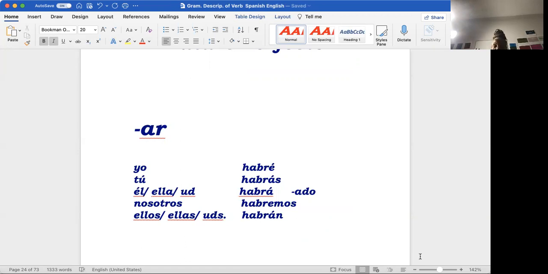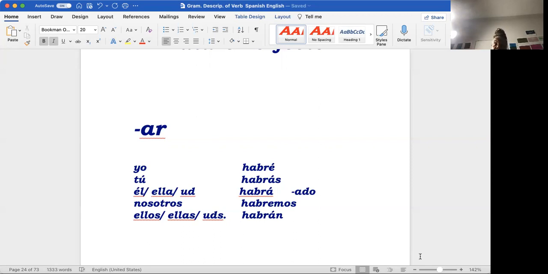So first we have to work with the simple form of the verb haber, conjugated in its yo form, its tú form, its él, ella, usted, nosotros, ellos, ellas, ustedes forms. So the first thing we have to do is get rid of the ER in haber. Remove that. Now we can work with it.